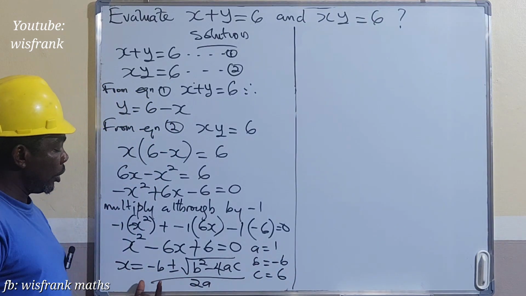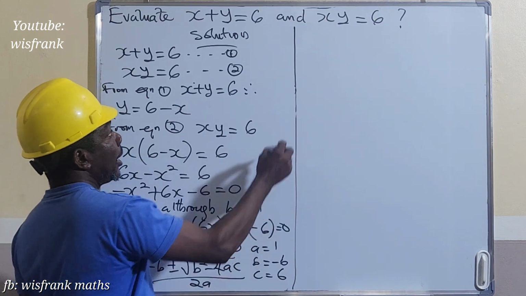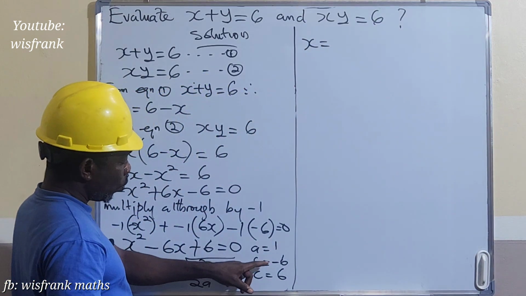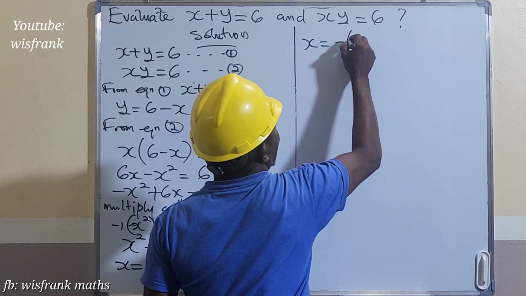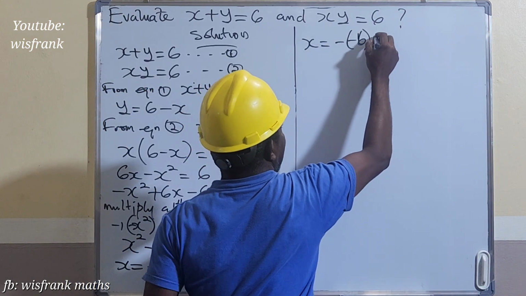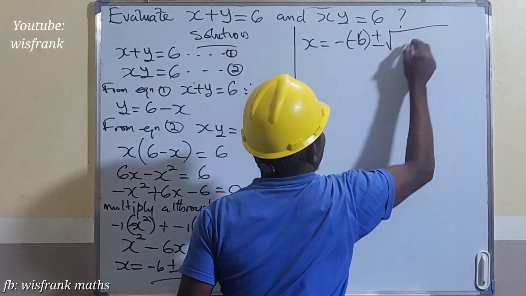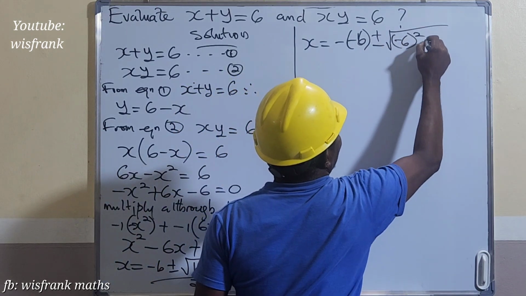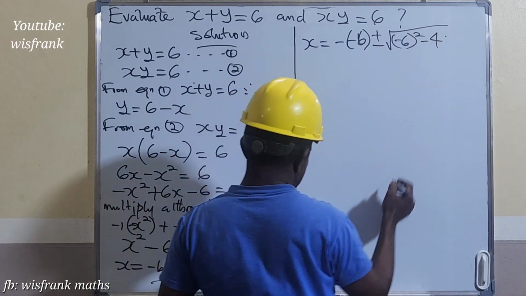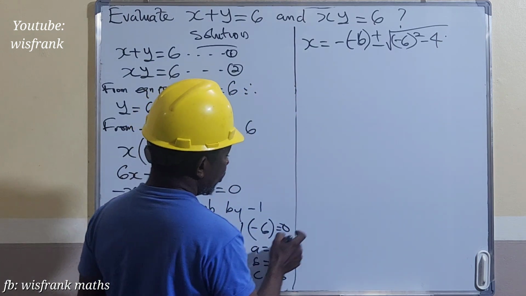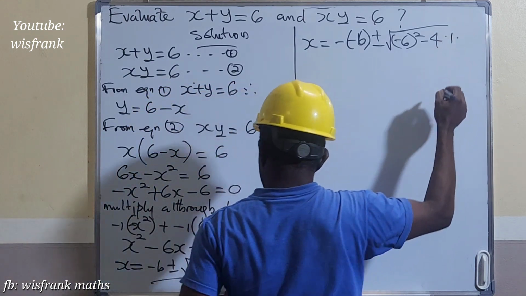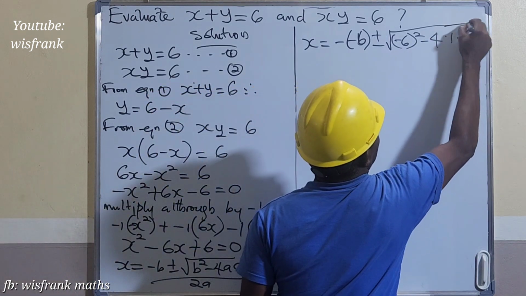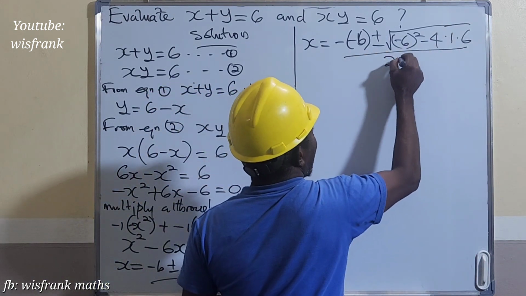Substituting these parameters into this equation, we have x equals minus b, which is minus minus 6, then plus or minus square root of b squared, which is minus 6 to the power of 2, minus 4 times our a, which is 1, then our c, which is 6, times 6, all over 2 times a.